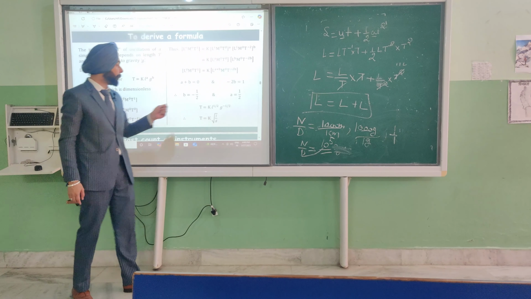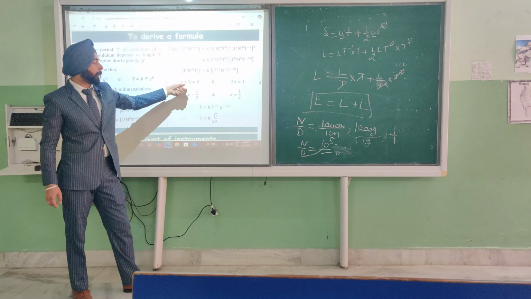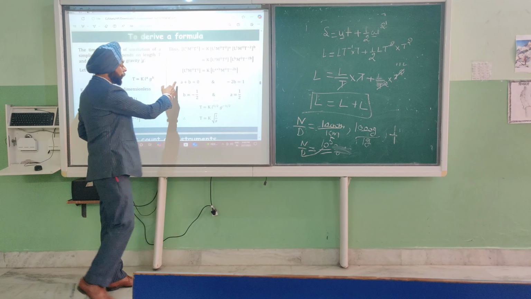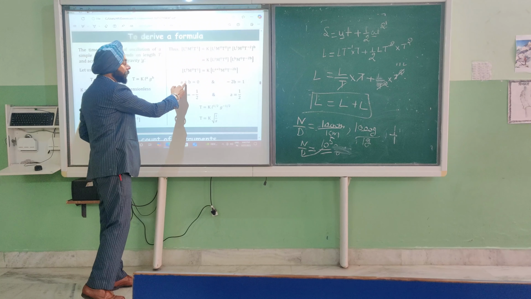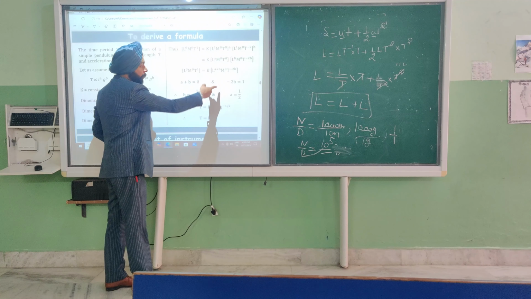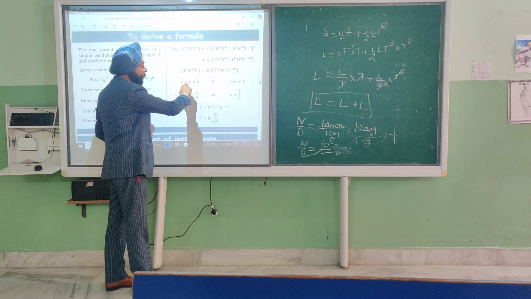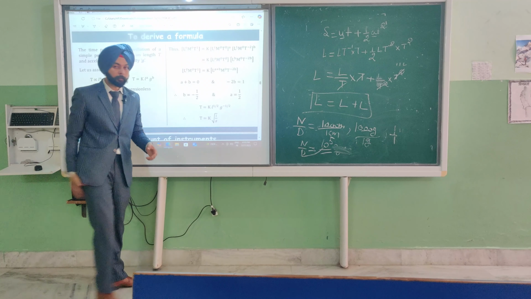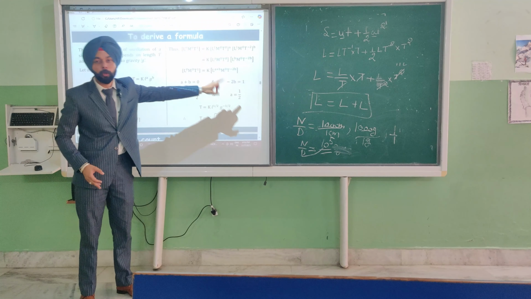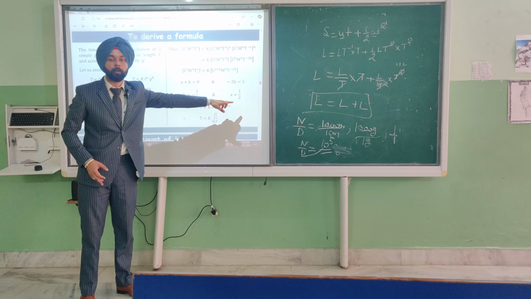Now put the value of b there, so the value of a is 1 upon 2, because a plus (minus 1 by 2) is equal to 0. When the 1 upon 2 moves to this side, the sign changes from negative to positive.